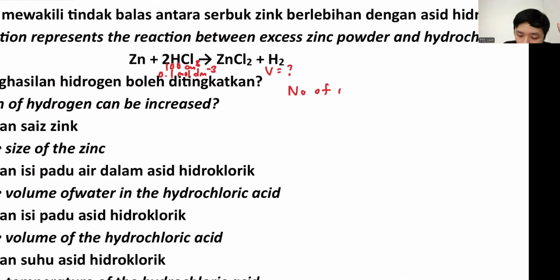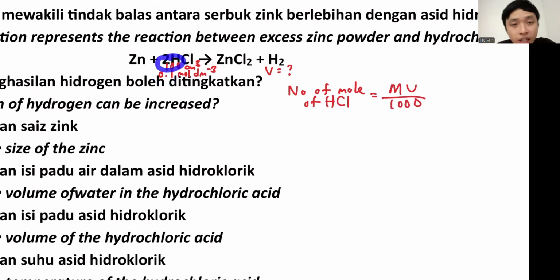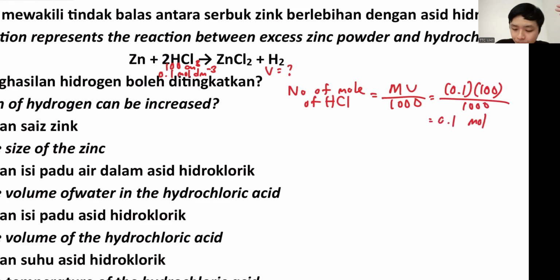Number of mole of HCl is MV over 1000. The molarity is 0.1, the volume is 100 cm cube of acid. So you just multiply the molarity by the volume and divide by 1000. Let's say you get 0.1 mole.